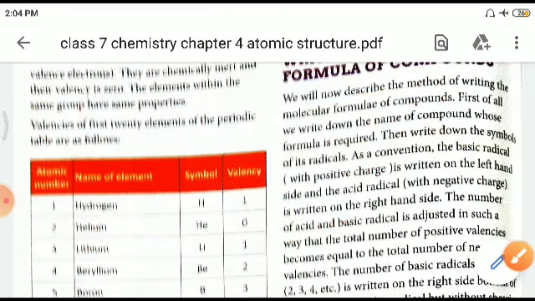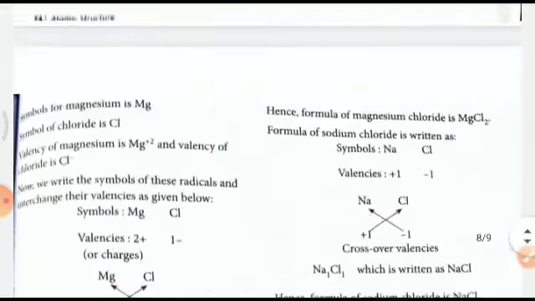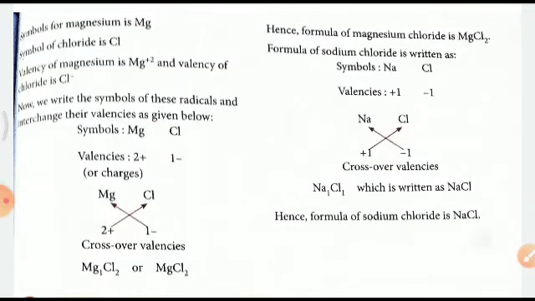Now, for example, just go on and see what is happening here. The symbol of magnesium is Mg, the symbol of chloride is Cl, and you see here Mg has valency 2 plus and Cl is 1 minus, so there is a cross: the 2 plus goes to Cl and we write MgCl2.